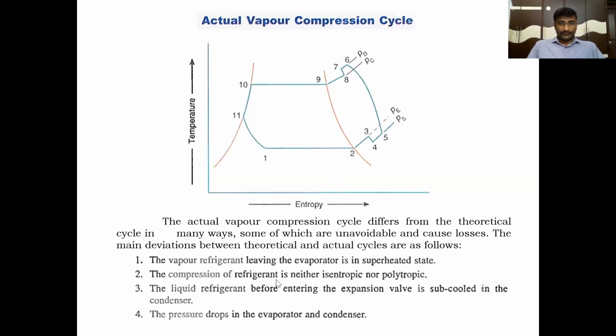The compression of the refrigerant is neither isentropic nor polytropic; 5 to 6 is neither polytropic nor isentropic. The liquid refrigerant before entering the expansion valve is subcooled in the condenser. Pressure drops take place in the condenser and evaporator. Clear? These are the deviations from the theoretical cycle.